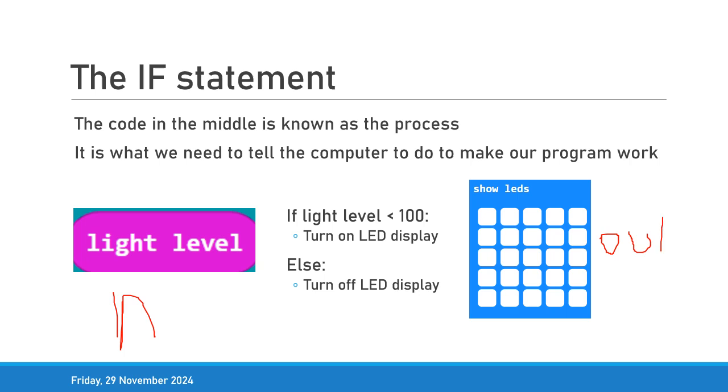There we go. But this bit in the middle, this here is what we can control as programmers. This part, the processing part, is where we are able to control what happens depending on those inputs, and we get to control what outputs are then shown.